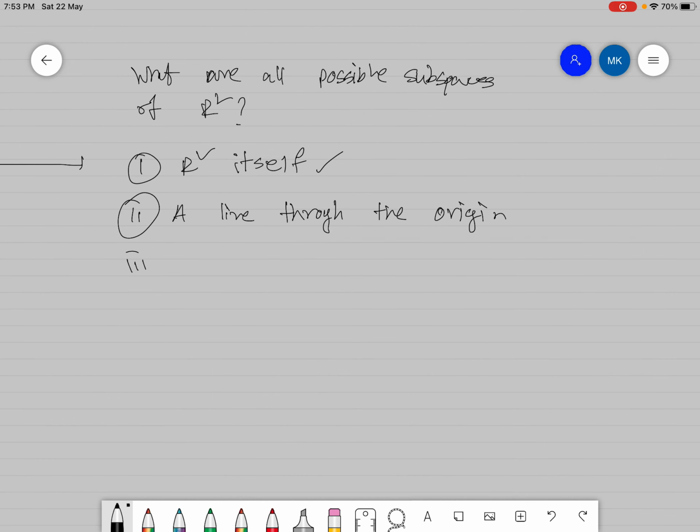And lastly, can you guess the third subspace? The third subspace is the zero vector, or the origin itself, the zero vector, 0 0. Why?